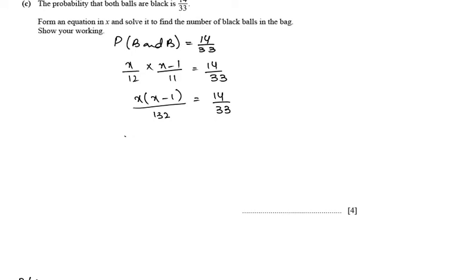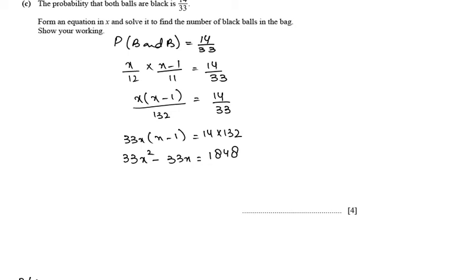Now when we cross multiply and simplify this, it's 33x into x minus 1 is equal to 14 into 132. So we will get the quadratic equation: 33x square minus 33x is equal to 14 multiplied by 132, which is 1848.